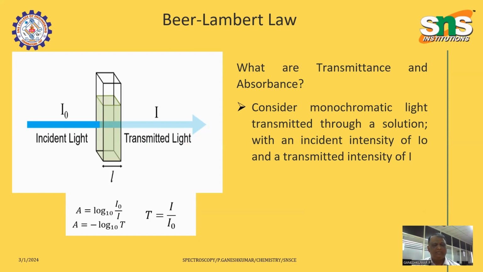Here, transmission is given as I by I0 and absorption is given as log I0 by I to the base 10, or minus the logarithm of the transmission. That is, transmission is inversely related to absorption.